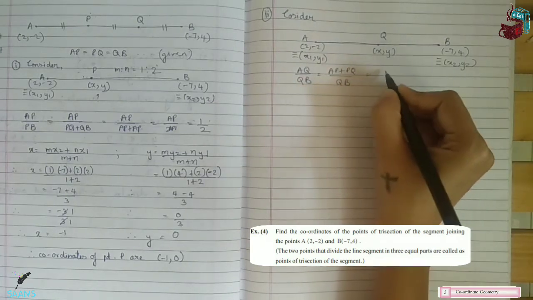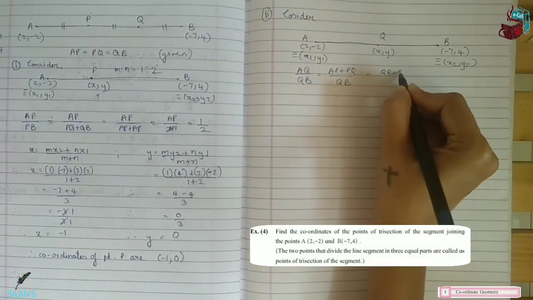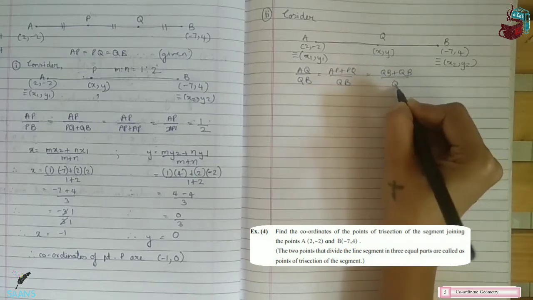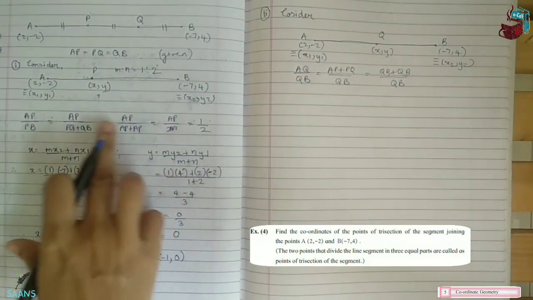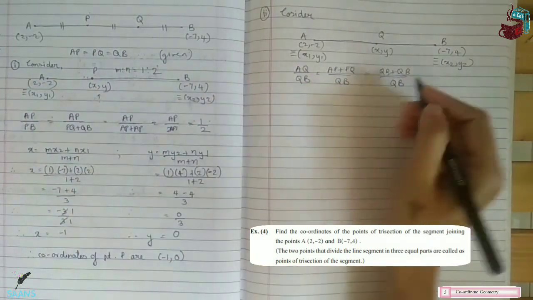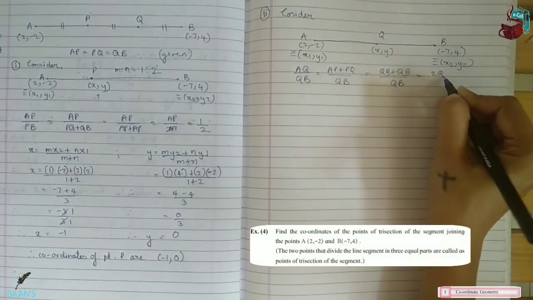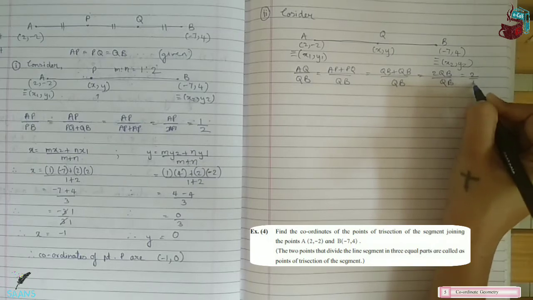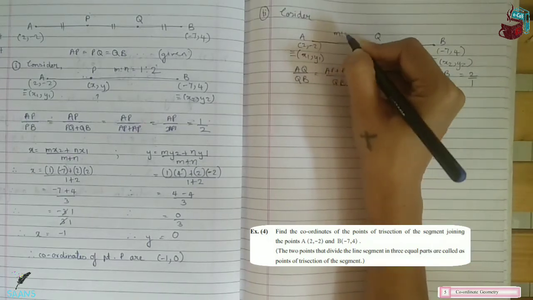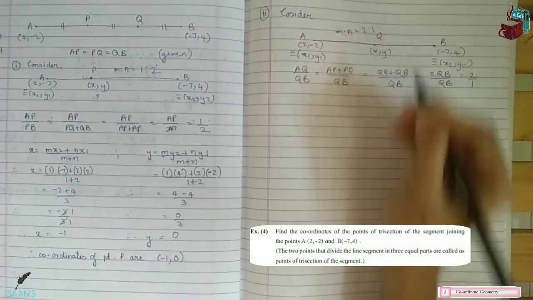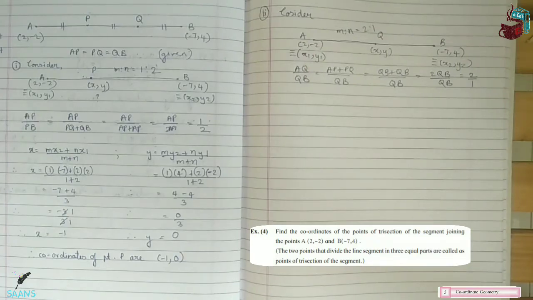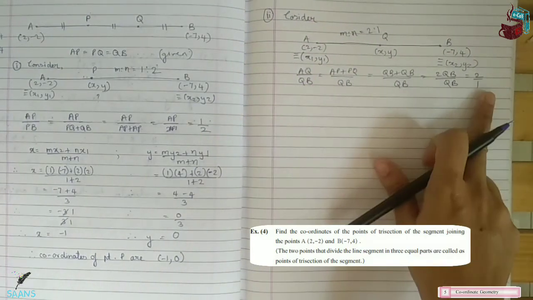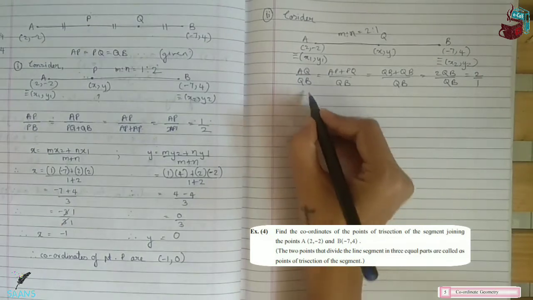You can say it as QB plus QB upon QB. See, I told you all are equal, so you take AP subject, whatever it is, it's the same thing. So 2QB upon QB, that is 2 upon 1. So here m is to n is equals to 2 is to 1. Okay. So this is how you get your ratio. So the ratio has come. Now, we'll do a sum.